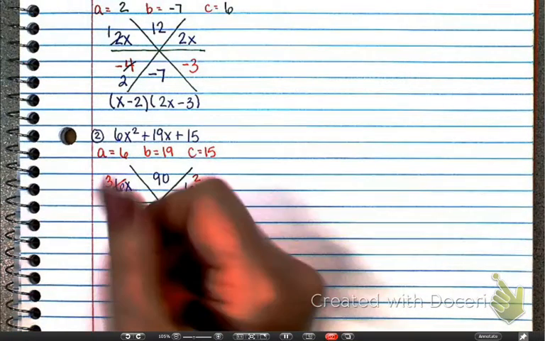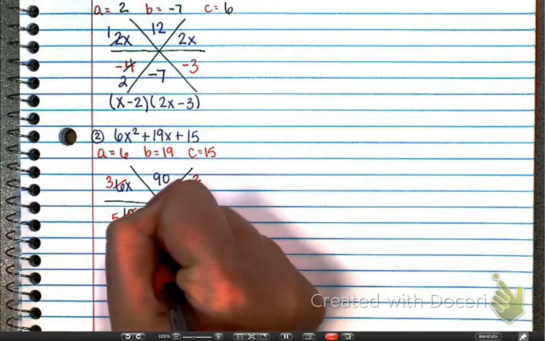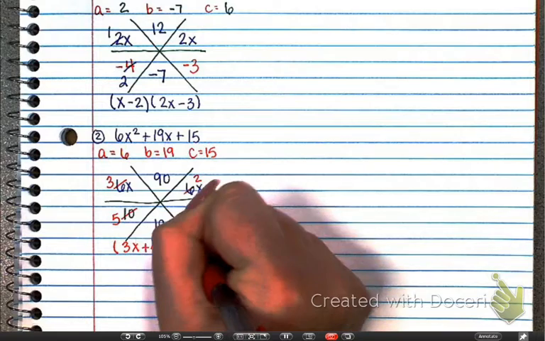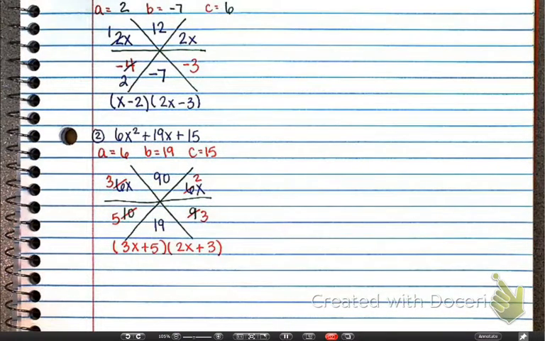So factored form is 3x plus 5 and 2x plus 3. And how do I check this if I'm not sure if I did it right? Distribute or box.